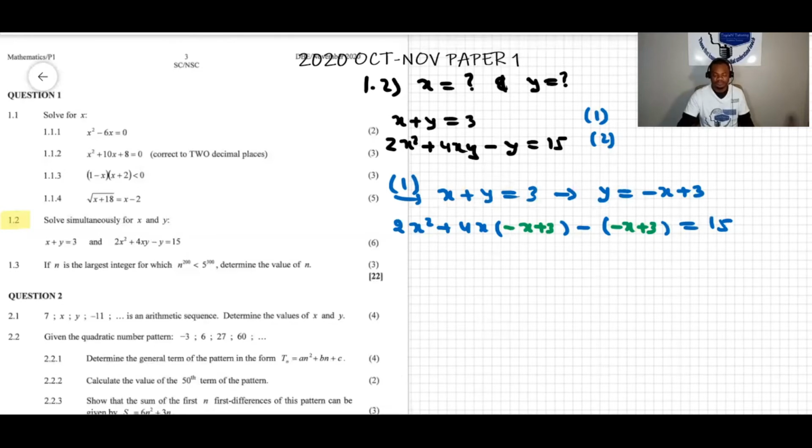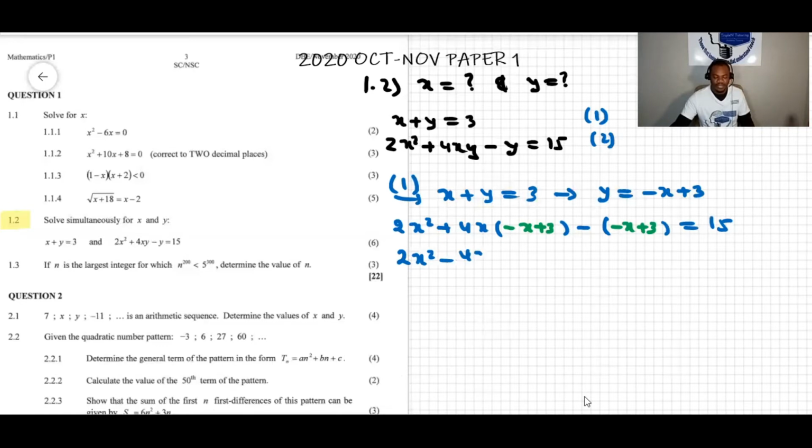variable only. Now, this will be 2x squared plus 4x times negative x, that makes negative 4x squared.